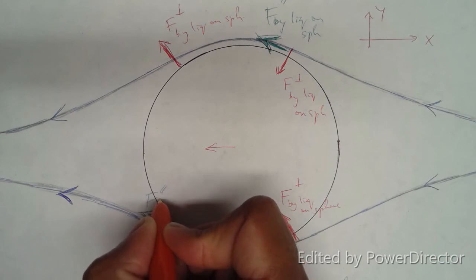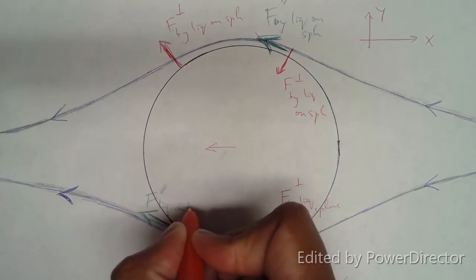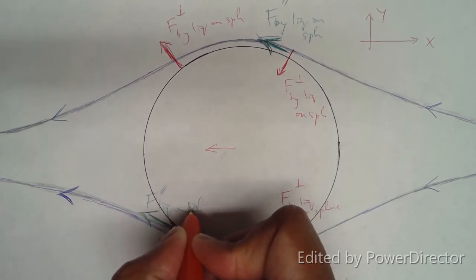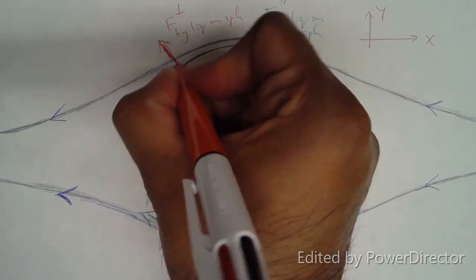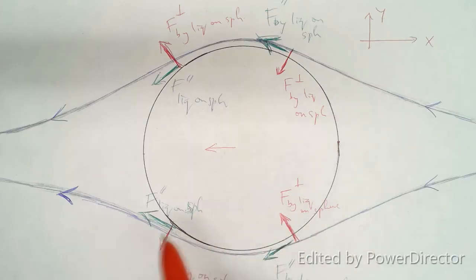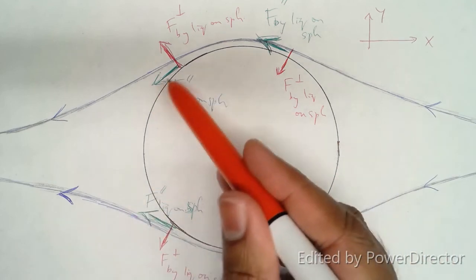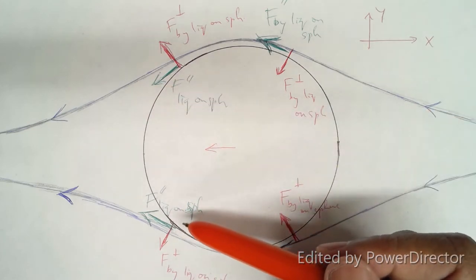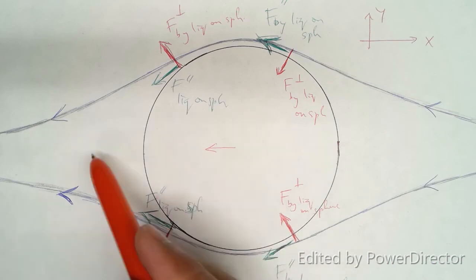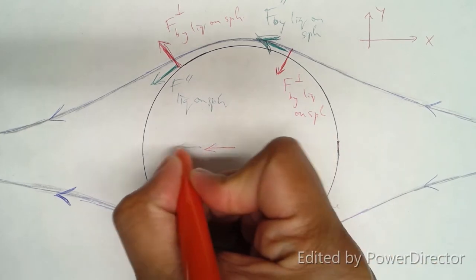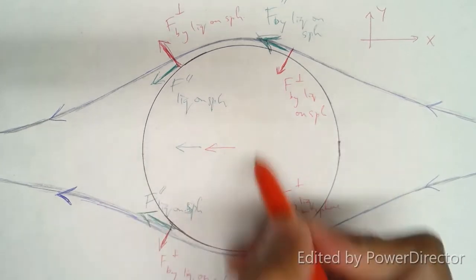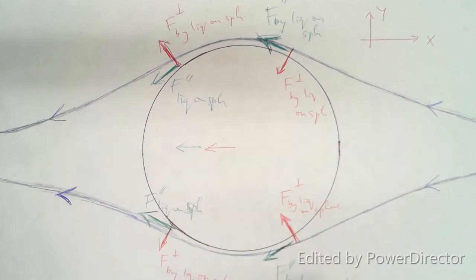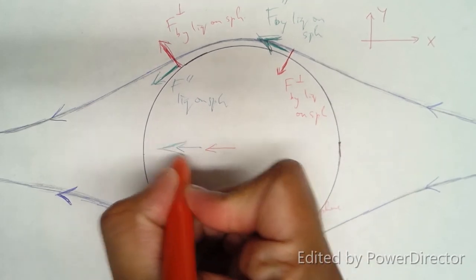So this is F parallel, liquid on sphere, and similarly over here. And so there's again a parallel component of the force of the liquid on the sphere and a parallel component of the force of the liquid on the sphere. And again, we see that the y components will cancel out, but there will be a net force in the negative x direction.